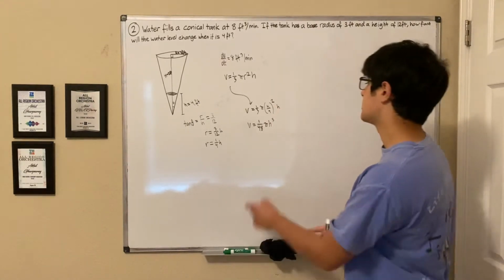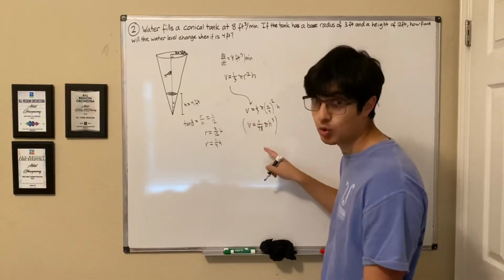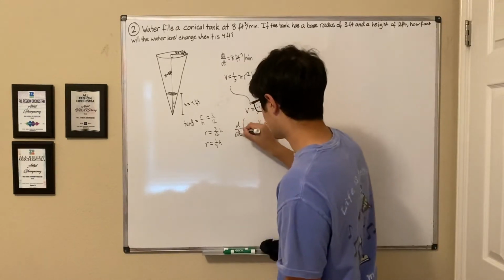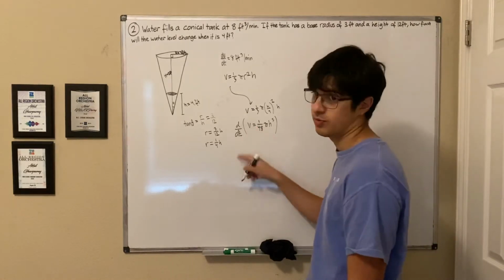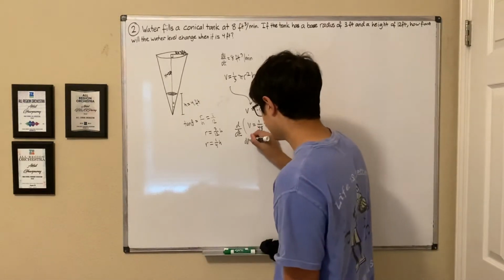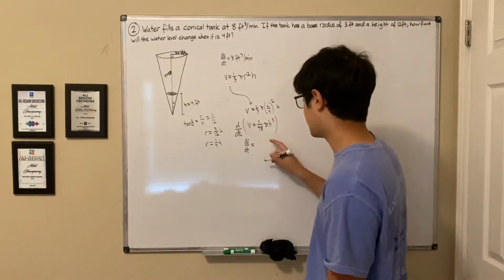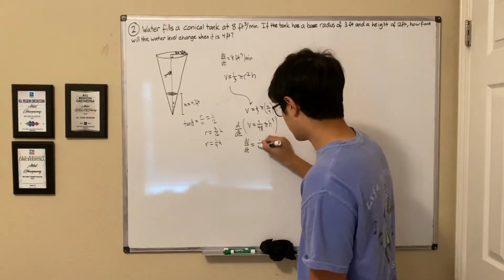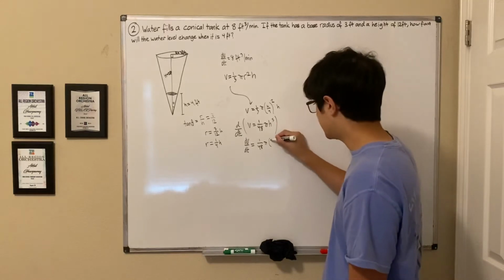Aha! Now we can do some implicit differentiation, because we just have 2 changing variables now rather than 3. So, let's put our d/dt and do our implicit differentiation. The derivative of volume with respect to time is just dV/dt. And the derivative of 1/48 pi h cubed is 1/48 times pi, because those are constants, and then the derivative of h cubed is 3h squared.